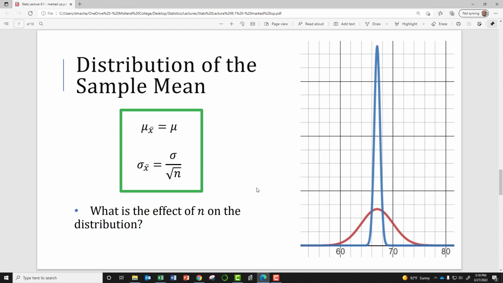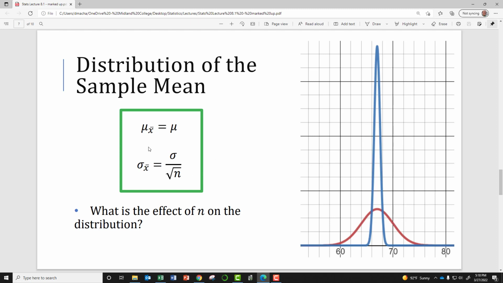And whenever the denominator of a fraction becomes larger, the value of the fraction itself becomes smaller, right? So like 5 is greater than 4, but 1/5 is less than 1/4. So if n becomes larger, then the standard deviation of the distribution of the sample mean will become smaller.